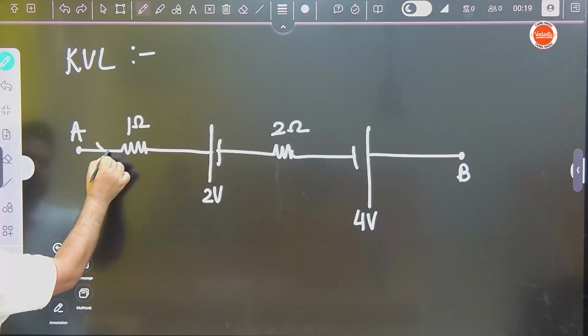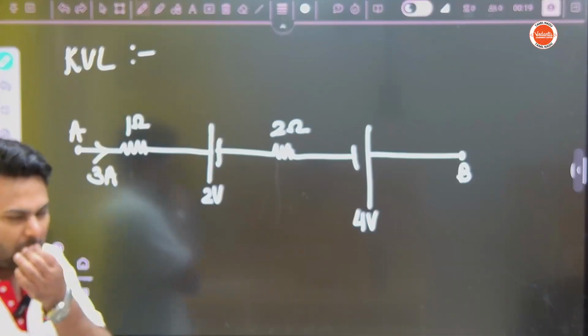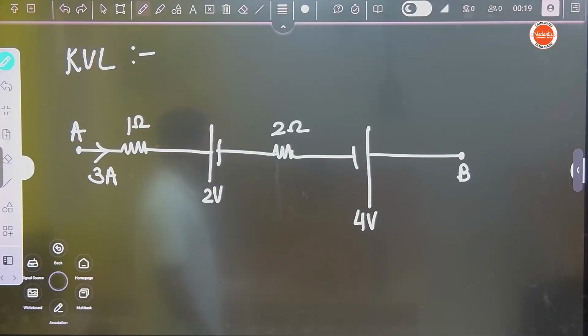Current flowing is suppose 3 ampere. See how to write. If you are able to understand this now, you will be able to solve a lot of questions. These kind of questions always come in the exam, NEET exam you will see.